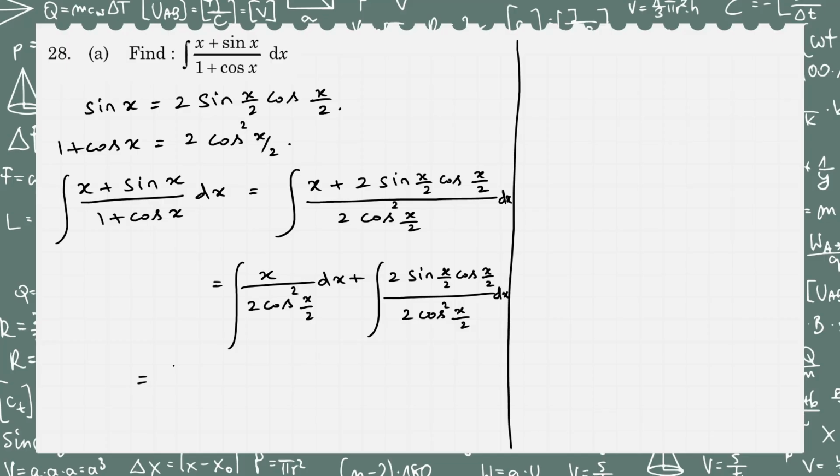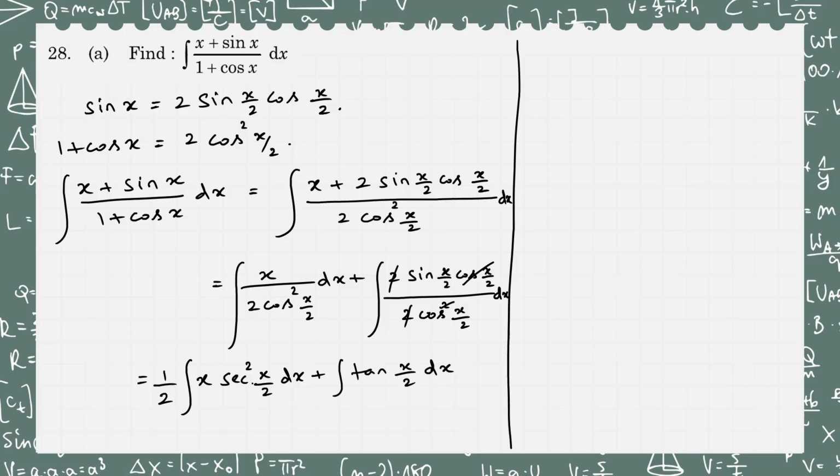So 1 by 2 can be taken out, integral x divided by cos square x by 2, and 1 by cos square is secant square. So x into secant square x by 2 dx plus, here 2 cancels and one of the cos values cancels. So we get sin x by 2 by cos x by 2, which is tan x by 2, dx.